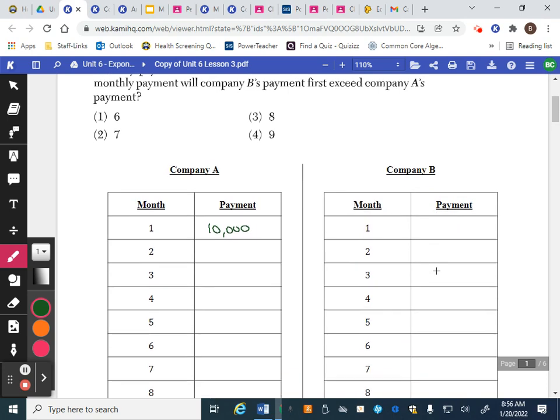So for the second month, it would be 15,000. Third month is 20,000, 25,000 for the fourth month, 30,000, and so on. So I'm going to keep on adding $5,000 to the previous payment each month.